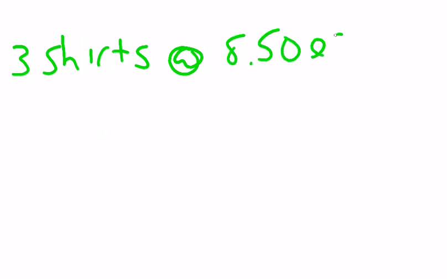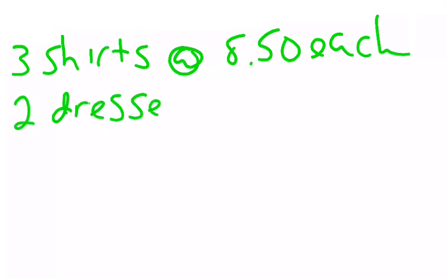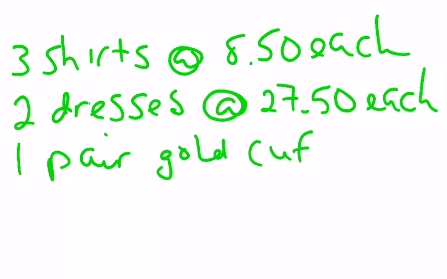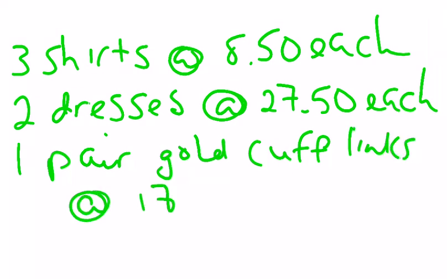Next example, a U.S. citizen returns to the States declaring the following items at the customs office: 3 shirts at $8.50 each, 2 dresses at $27.50 each, 1 pair of gold cufflinks at $17.50 per pair.